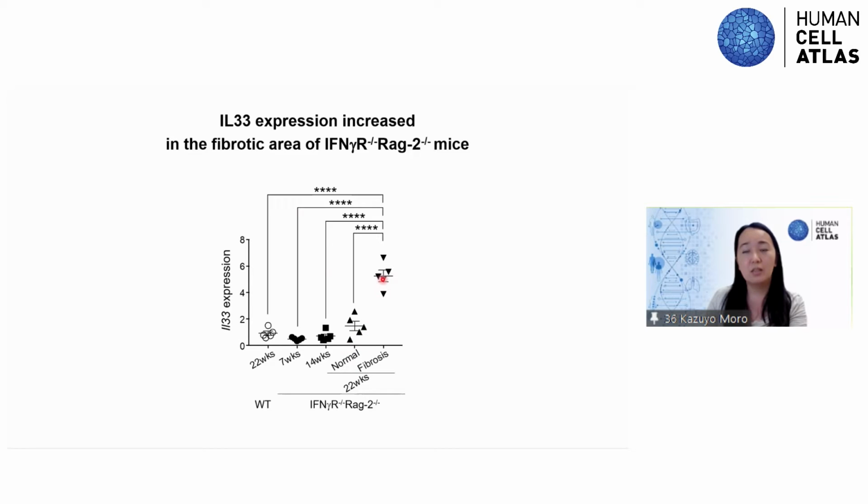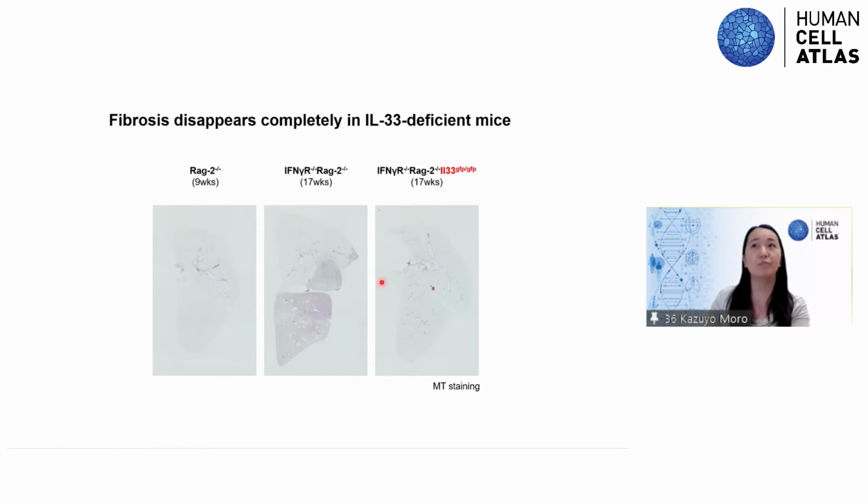we can. And so we separated the tissue into normal area and fibrosis area, and we could detect IL-33 expression in this fibrotic area, but not in the normal area, which means that IL-33 production is occurring in the fibrosis site region.